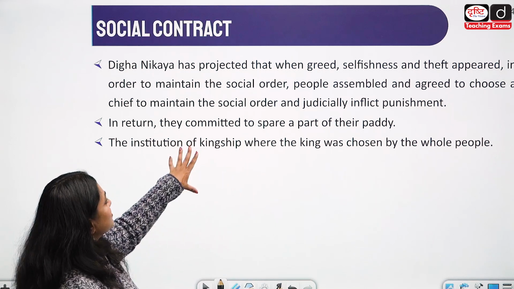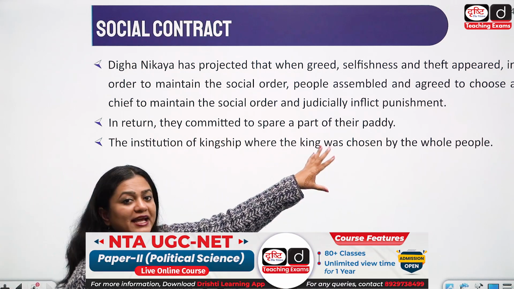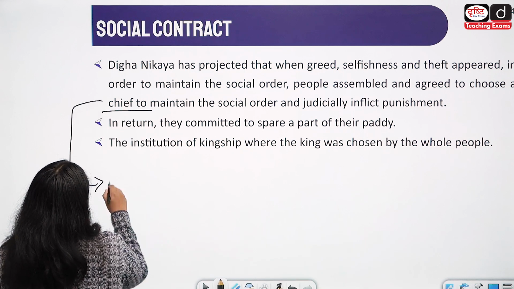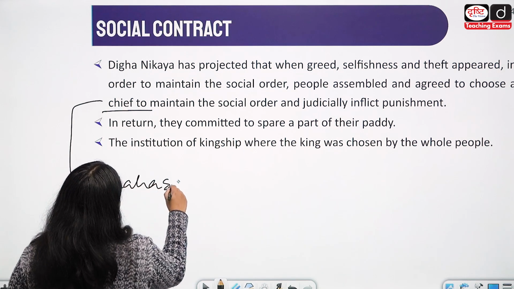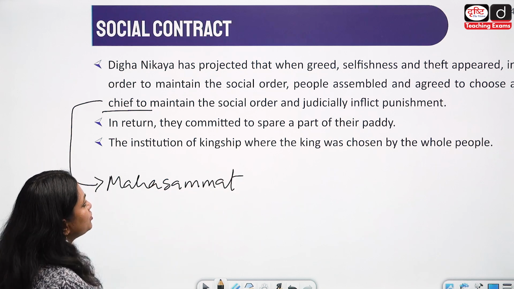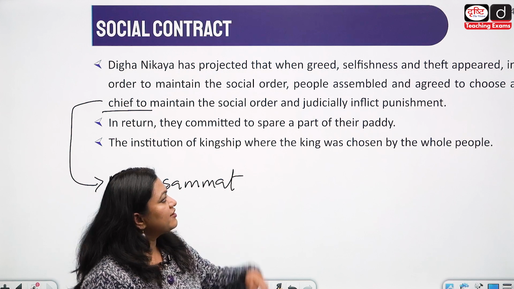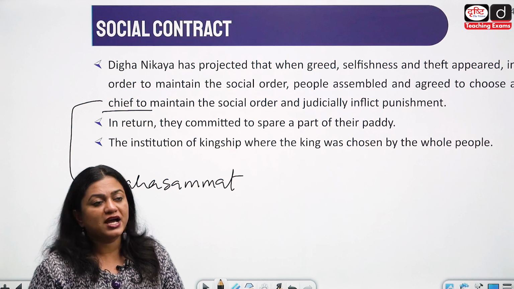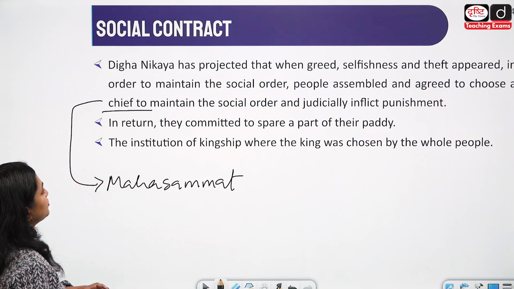People assembled and agreed to choose a chief, the Maha Samat, to maintain the social order and judiciously inflict punishment. Those who are wrongdoers should be punished, and these ideas emerged during this time.